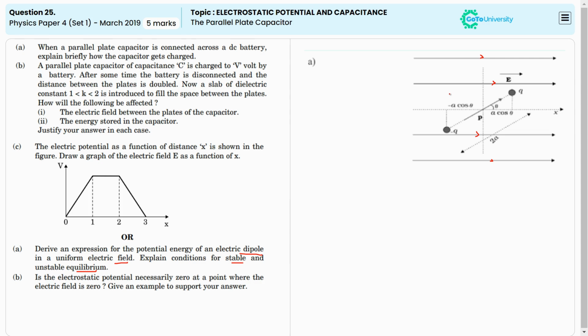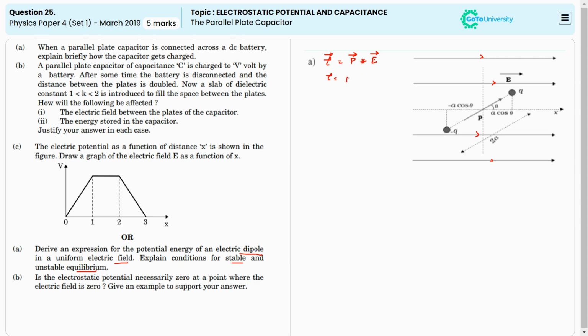Then we know that the torque acting on a dipole, the tau vector, is equal to P vector cross E vector. Then tau is equal to PE sin theta into n.